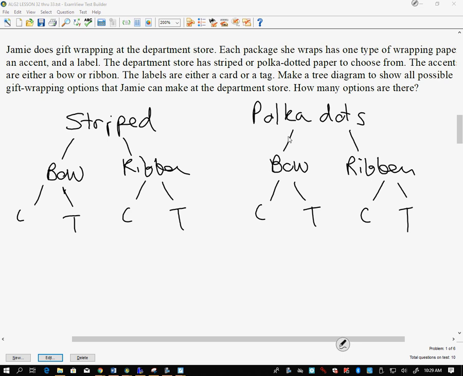Okay, so that we understand how to use a tree diagram to find out how many different things there are going to be. Okay, I think you could probably also look at it as, you would have, say, you've got a 50-50 chance with either a striped or polka dot.